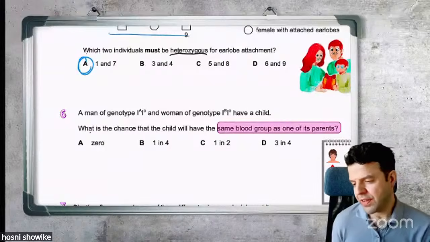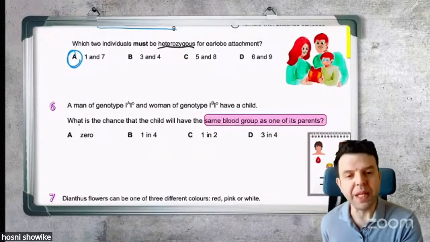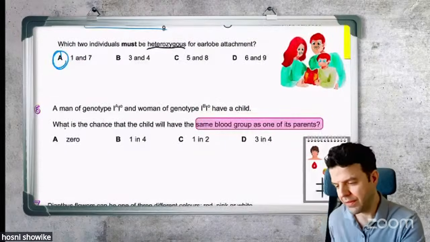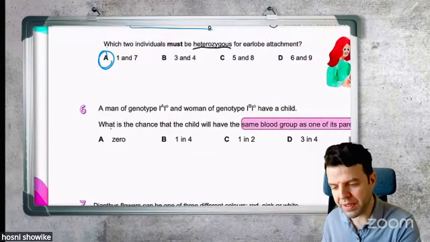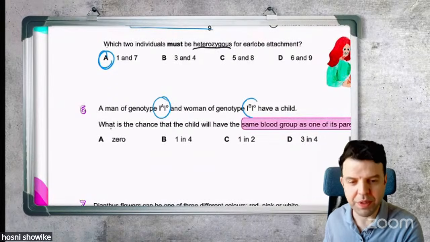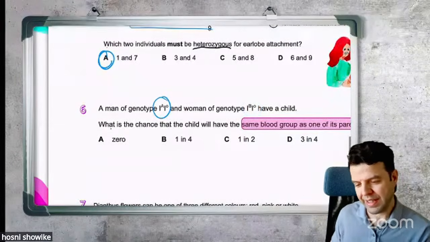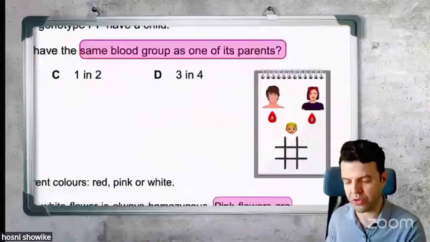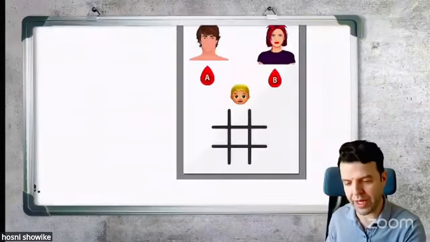What is the chance that a child will have same blood group as his parents? So we have somebody's AO, somebody's BO, and same blood group as his parents. So let's cross AO and BO, like what I have here.